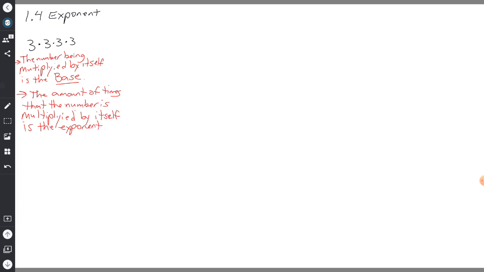And then the amount of times that it is being multiplied by itself is the exponent.